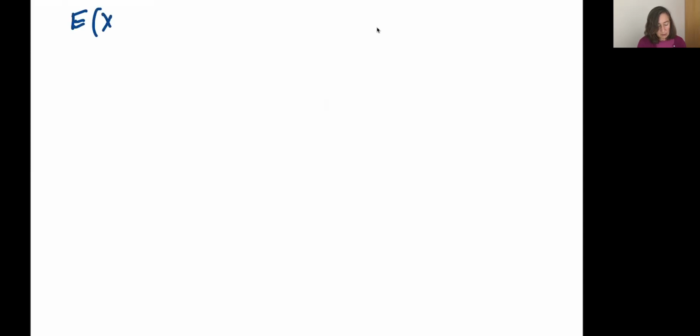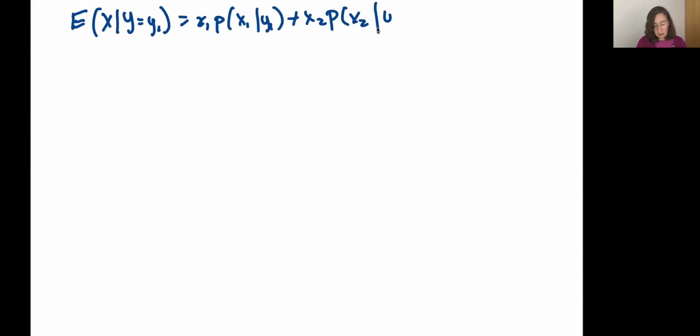So the expectation of x conditional on y equals y1. I had this on the other page, but we'll write down the two of them together so we can look at both. That is x1 times p of x1 conditional on y1, plus x2 times the probability of x2, still conditioning on y1.